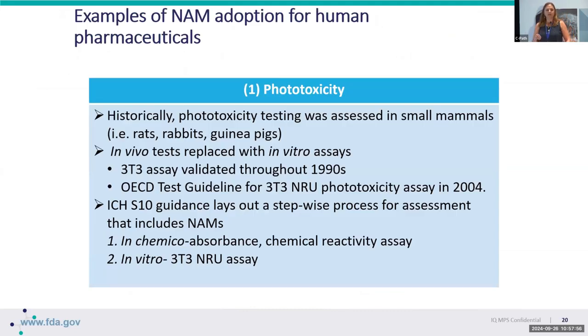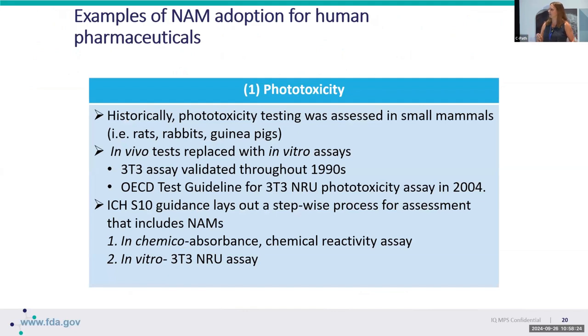Now a little history. NAMs are not new. We've been using and accepting data from NAMs for quite some time, so I'm going to run quickly through a little history lesson. For example, phototoxicity: decades ago, all of these studies were done in vivo, in rats, rabbits or guinea pigs. Since that time, in vitro assays have successfully replaced in vivo studies.